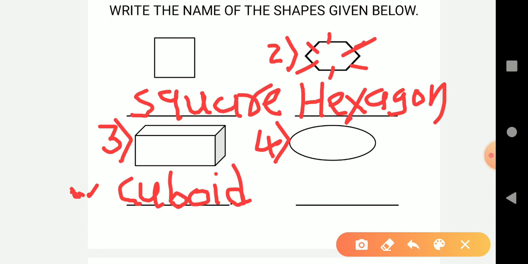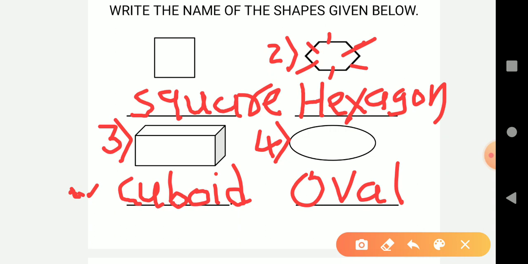Very good. Now tell me the spelling of oval. Very good. O V A L. O V A L. Oval. Understood?